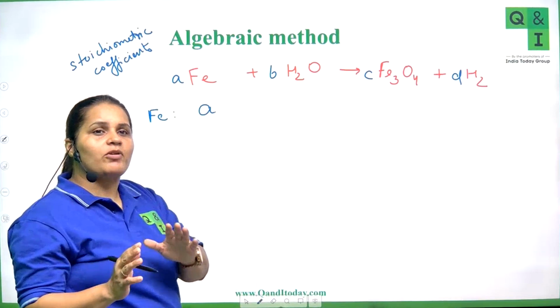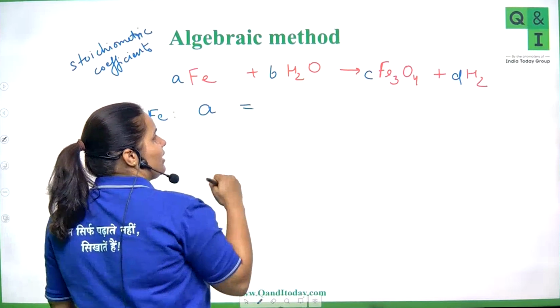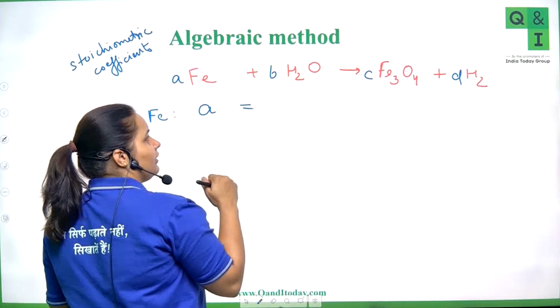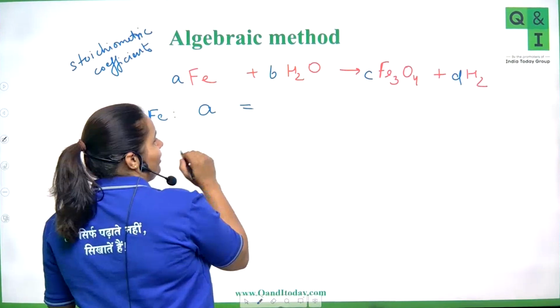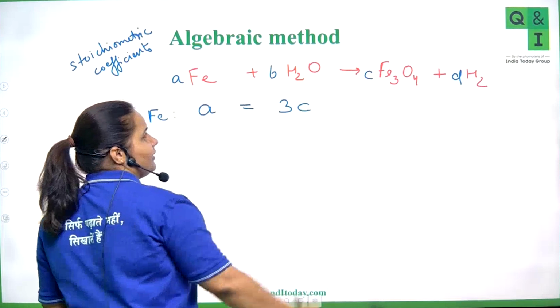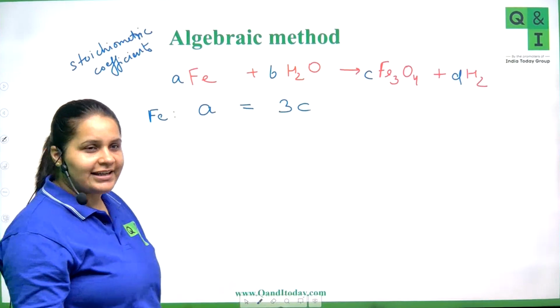It means the total number of atoms will be A. That should be equal to how many atoms this side for iron? Three. Is it 3 or 3C? It is 3C, right?